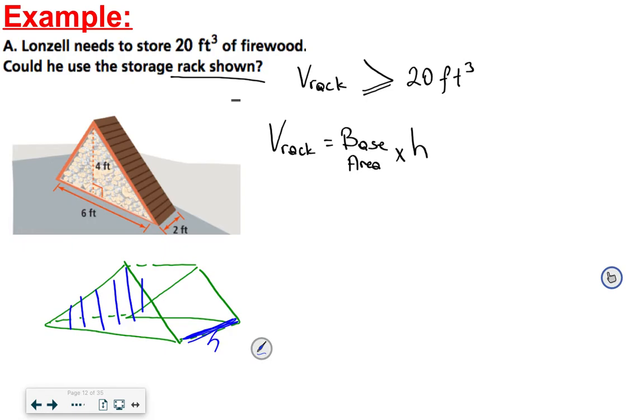So do we know that? How can we find the area of the triangle which is base? So remember that the height of the base is 4 and the base of the triangle is 6. To be able to find the base area, 4 times 6 over 2, which is the area of a triangle, times height is 2 feet.